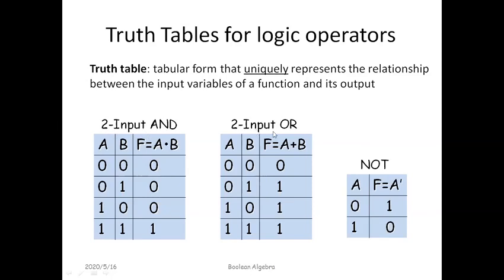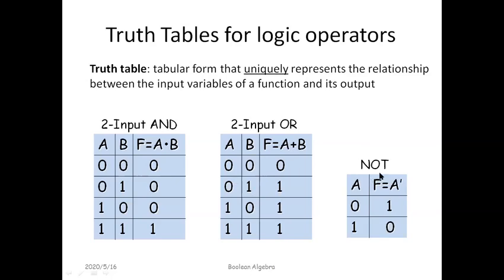Okay, so this is a two input, and we've already illustrated these things. And let's look at the two input OR. For the two input OR, the inputs are A and B. So OR implies two switches connected in parallel and controlling a common lamp. So when both switches are open, we don't expect anything, but whenever one of the switches is closed or both, then we expect an output. So we have 0, 1, 1, 1 as the output.